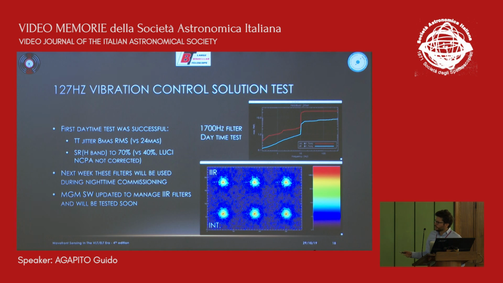Take into account that here we get 70% Strehl, but we have no NCPA compensated, and they amount to about 100, 150 nanometers, so they are quite large. In the next days, we will test this on sky with the old optimization method, but we are ready to start tests with the modal gain optimization.